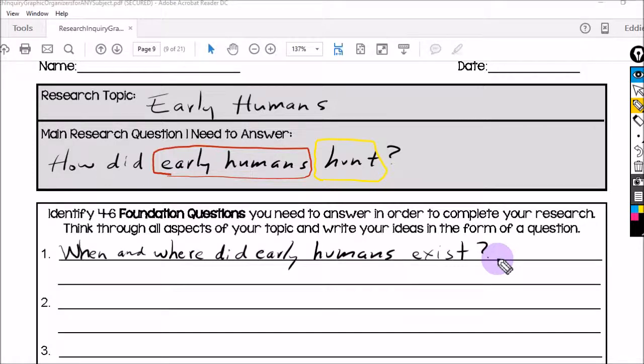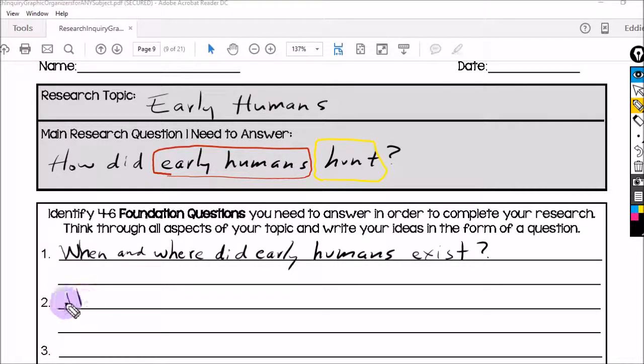Another thing I'd want to know about early humans, then I start thinking more and more, what else does my reader need to know? My reader needs to know who they were. So when and where is part of that, but also things like, how did they live? Like in homes, in houses or huts or caves?